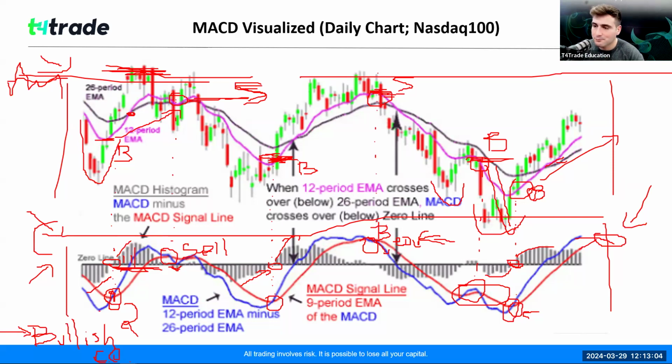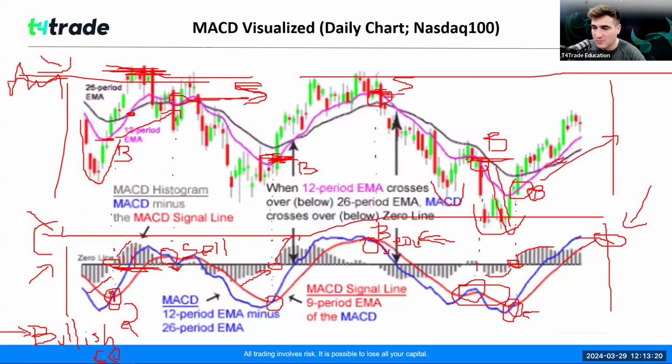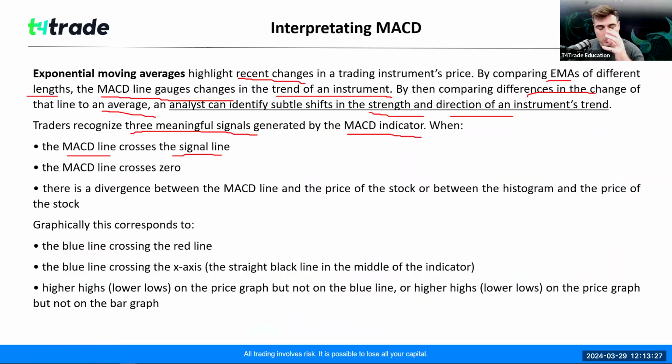What else? Now, traders recognize three meaningful signals generated by the MACD indicator. I don't know if I've mentioned all of them, but I've mentioned the most important ones. Let's see them here. When the MACD line, the blue line, crosses the signal line, the red line, that's the first signal.